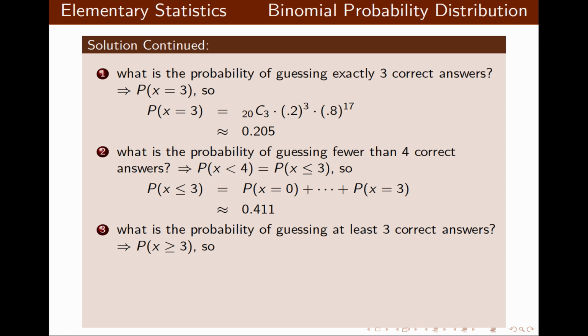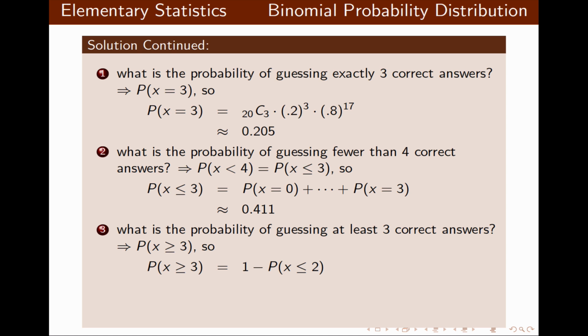Now, what's the probability of guessing at least 3 correct answers? At least means greater than or equal to. We use the complement rule: the probability that x is greater than or equal to 3 is 1 minus the probability that x is at most 2.